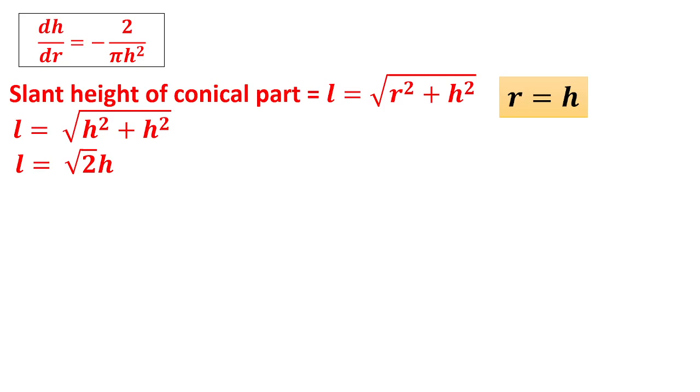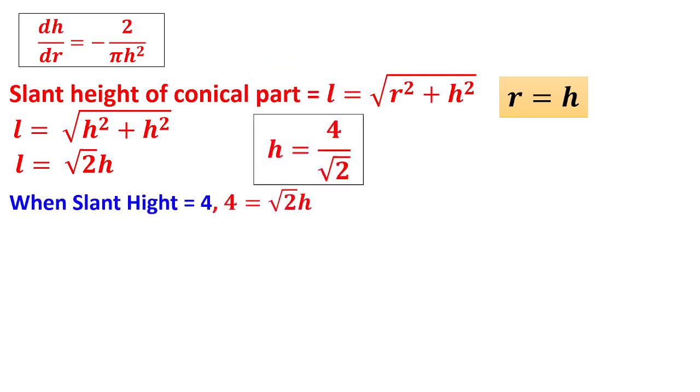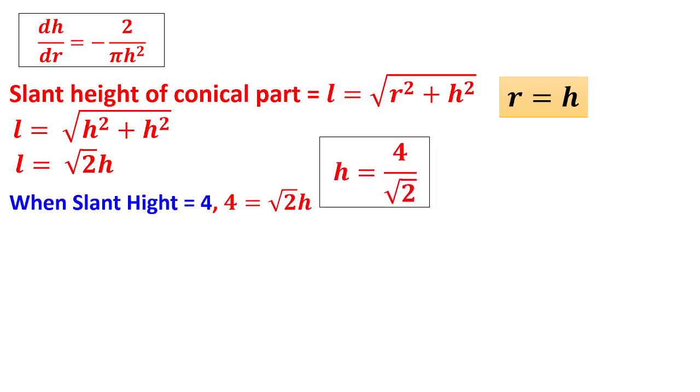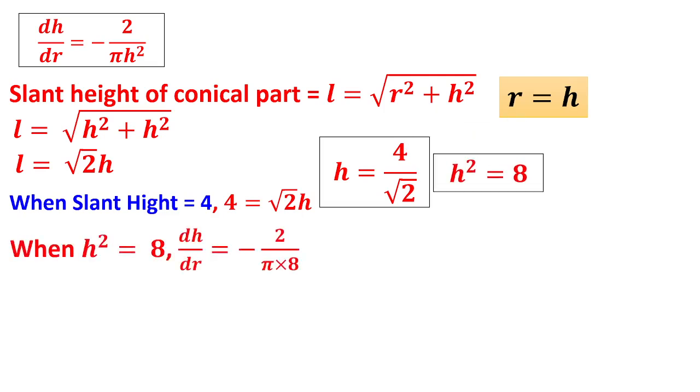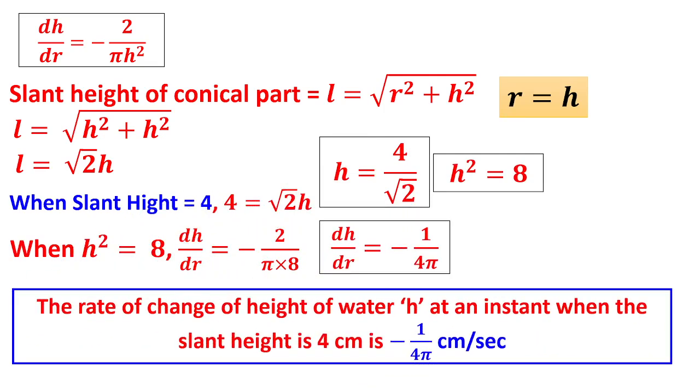So l is root 2 h. Slant height is 4. 4 is equal to root 2 h. Therefore, h is equal to 4 by root 2, and h square is 8. Substitute h square equal to 8 in dh by dt. You will get dh by dt is equal to -1 by 4 pi. Therefore, rate of change of height is -1 by 4 pi centimeter per second.